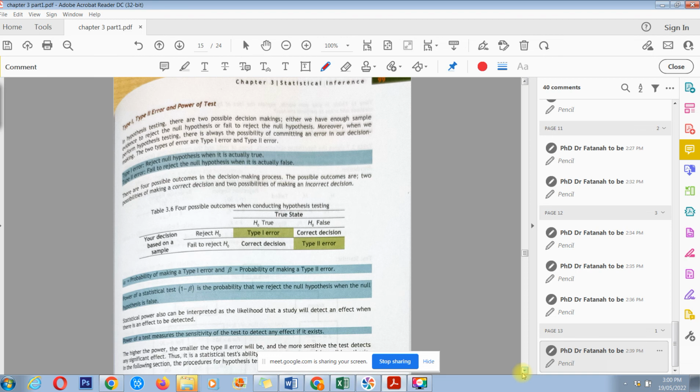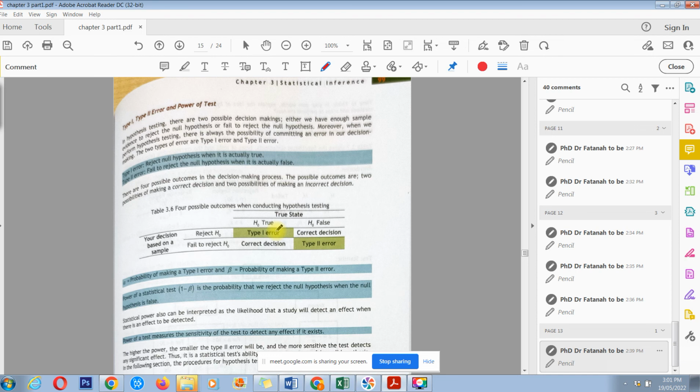The first is type 1 error. It happens when the statement H0 is rejected after we make the analysis, but actually H0 is correct.